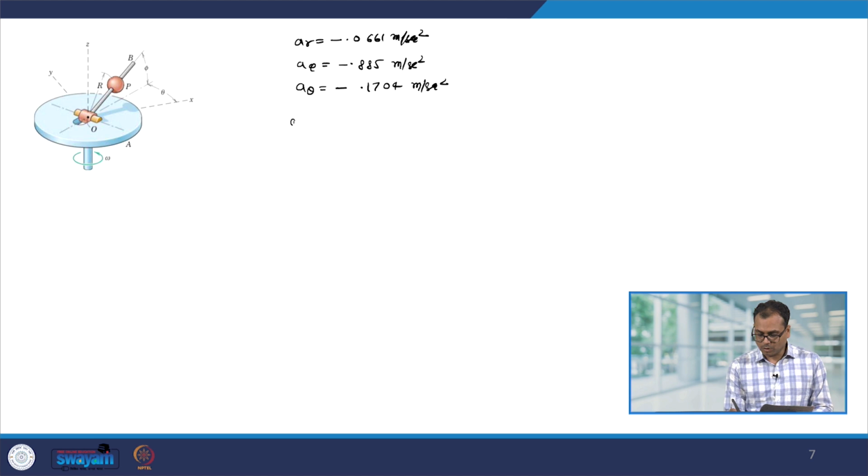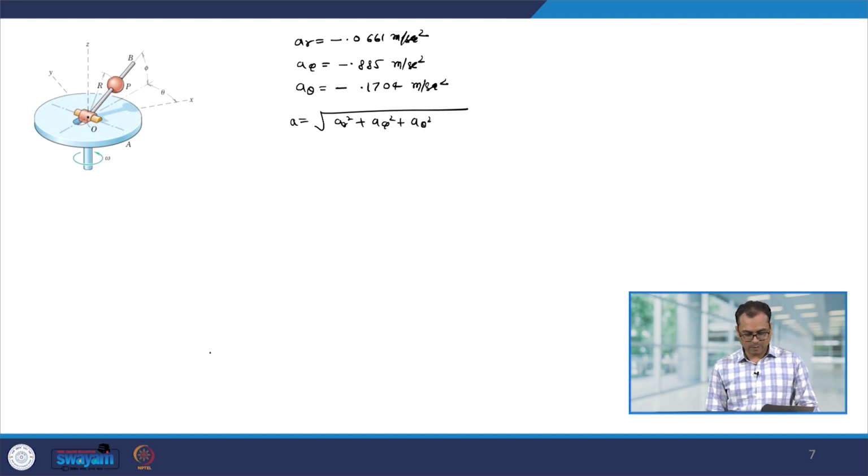Therefore, the magnitude of A will be square root A r square plus A phi square plus A theta square, and this comes out to be 0.904 meter per second square.